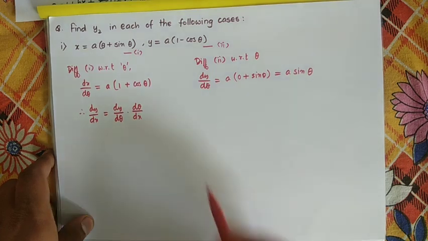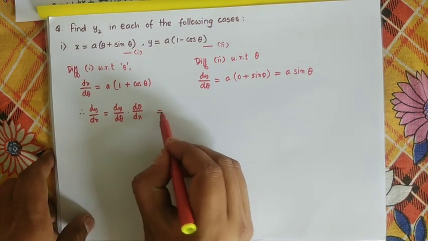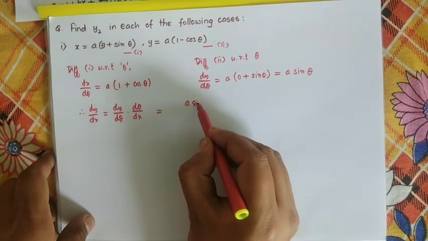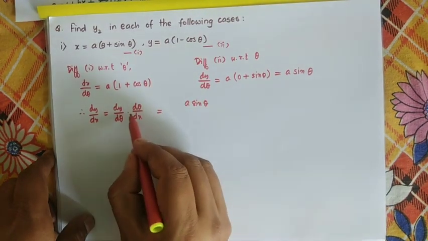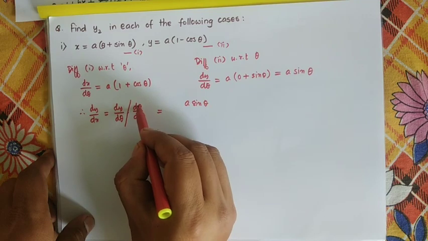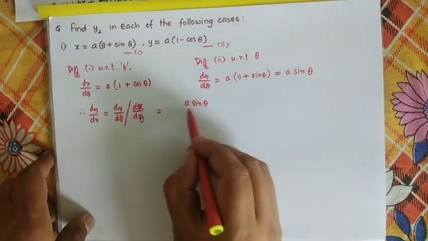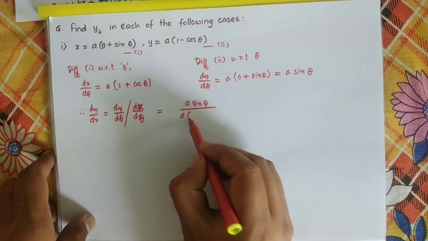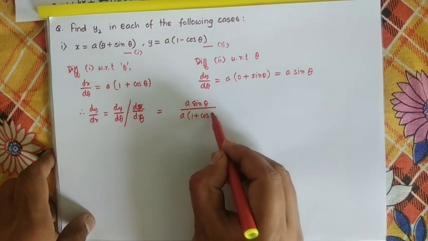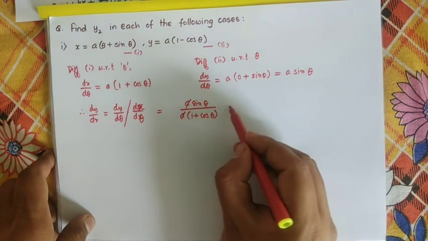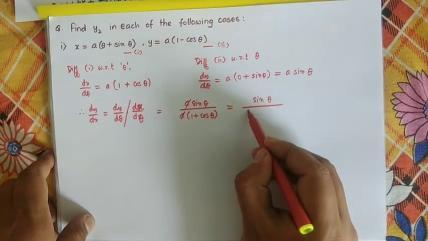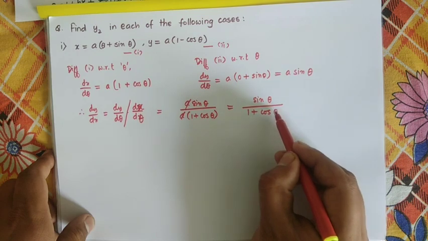So dy by d theta is a sine theta, or you can write this as divided by dx by d theta as well. So divided by dx by d theta, which is a into 1 plus cos theta. So a and a get cancelled, and I'll get sine theta by 1 plus cos theta.